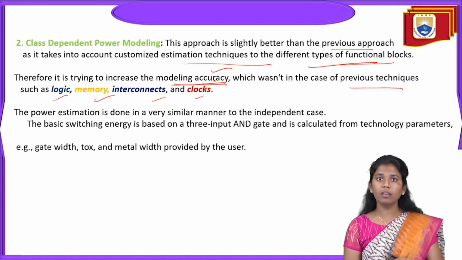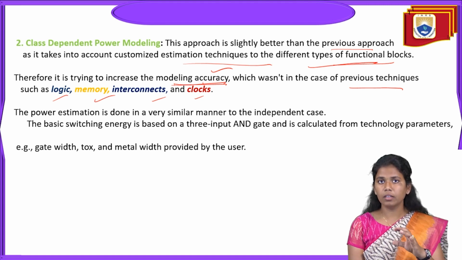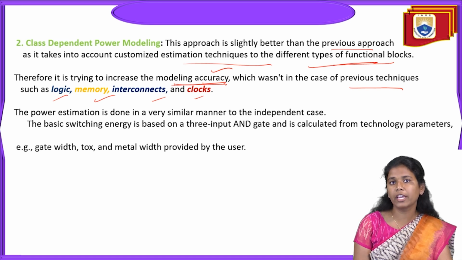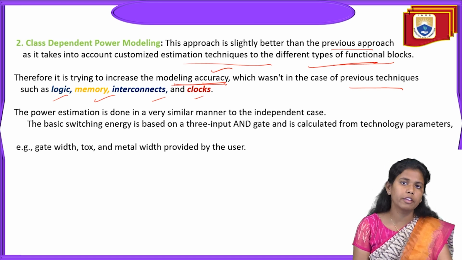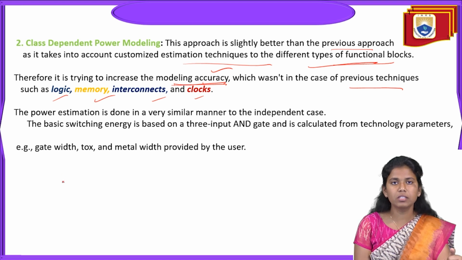In class independent power modeling, the accuracy and efficiency are very low, whereas in class dependent modeling, the efficiency is higher. So in the case of previous techniques such as logic, memory, interconnects, and clock.